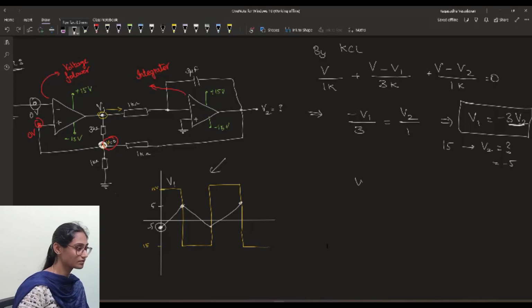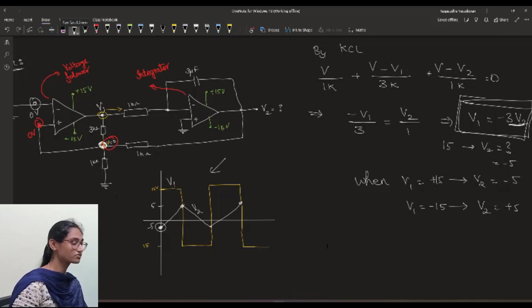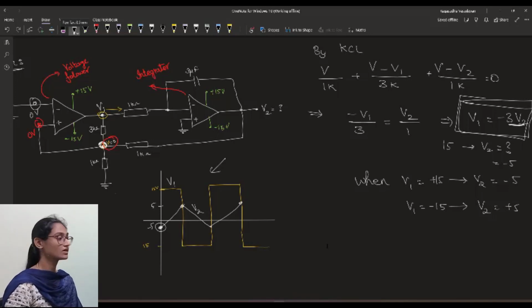So we have sketched and drawn the waveforms of V1 and V2. This is the integrator.